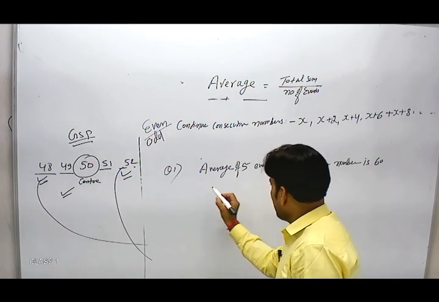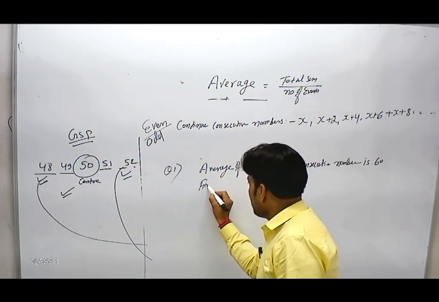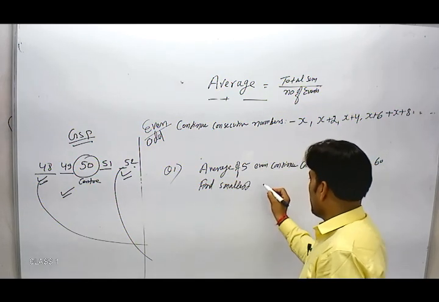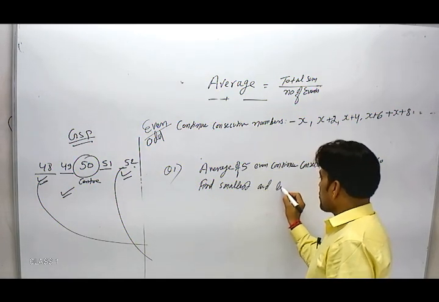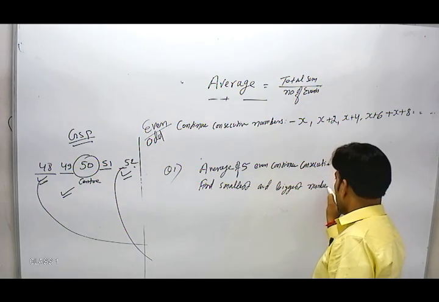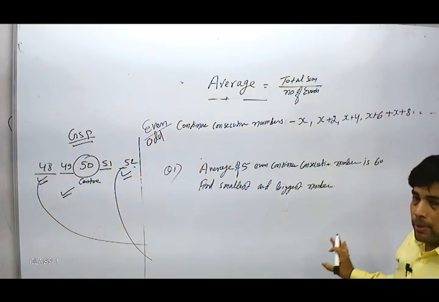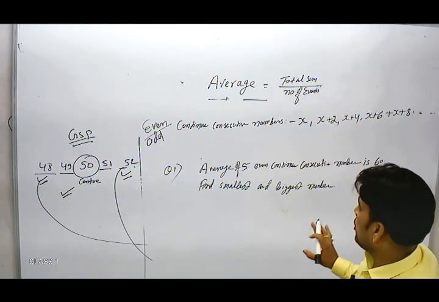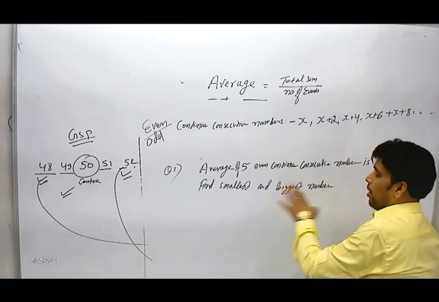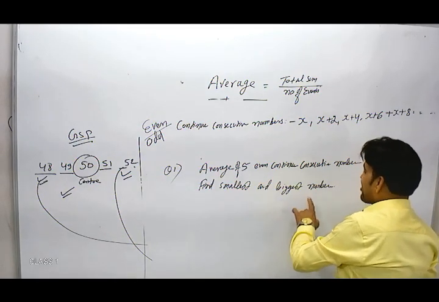Now find the smallest and biggest number. The question is very simple here. Average of 5 even consecutive numbers is 60. Find the smallest and biggest number.